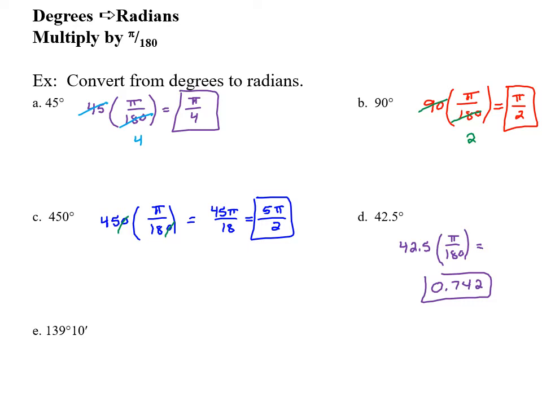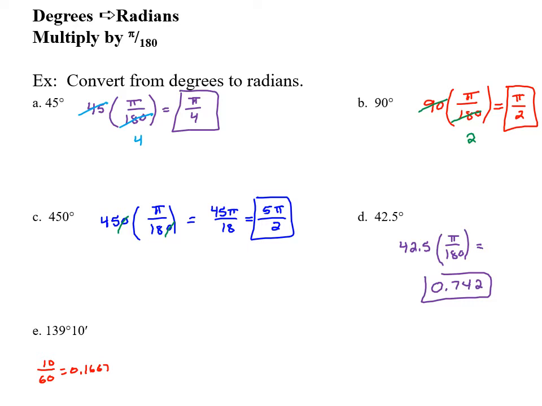Or, like on this last one down here, this one's in minutes and seconds. So you might want to take the 10 minutes and divide it by 60. You'll get 1/6, which is a repeating decimal. It's 0.166666667, depending on how many decimal places you want to go out to.